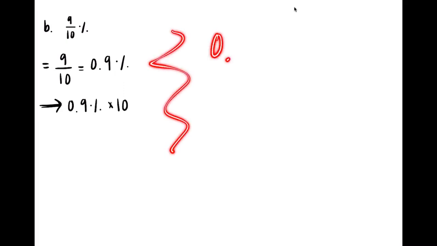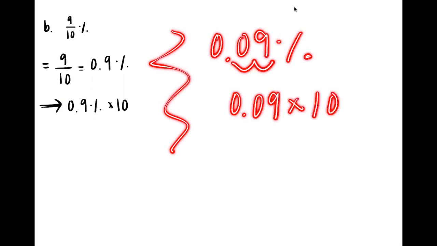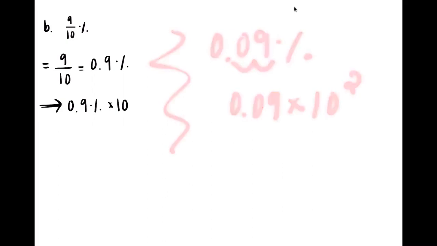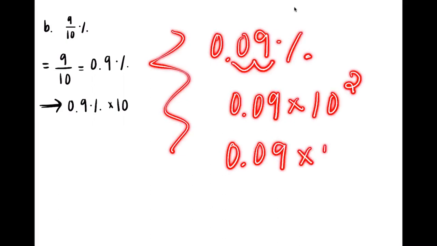So we're going to have 0.9% times 10. On a side note, if we had 0.09%, we have 2 digits after the decimal, so we would multiply 0.09 times 10 squared. Well, what is 10 squared? That is 100. 10 times 10 is 100. So that's what I mean by that.